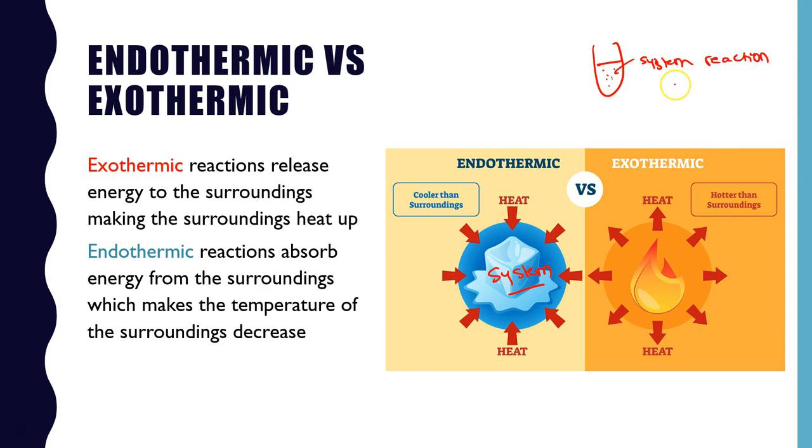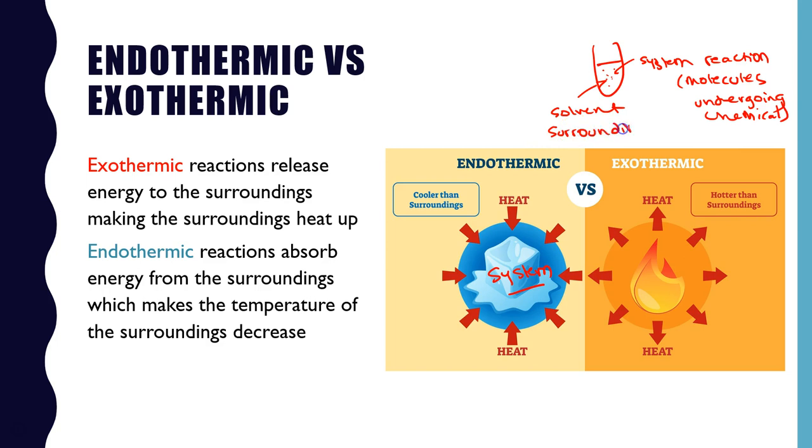So this is the molecules and particles that are actually undergoing the chemical reaction, okay? But everything else, so the solvent that those things are dissolved into, is my surroundings.